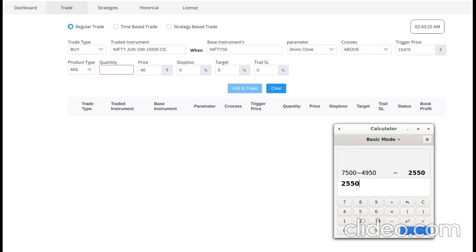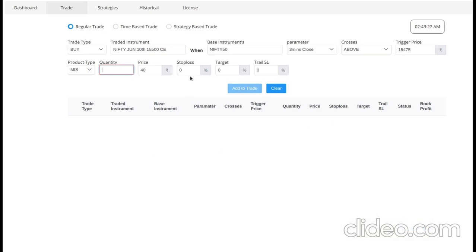And coming to the next thing, regarding the stop loss, target, and the trailing stop loss, since our system has to handle market orders and many other things, we decided that we would like to have the stop loss in terms of percentages rather than number of points.